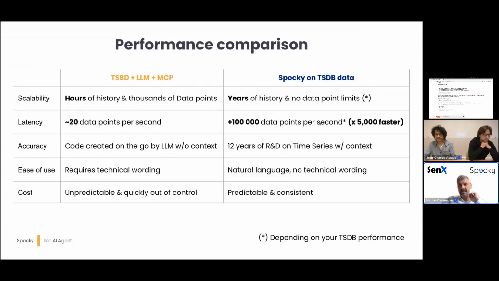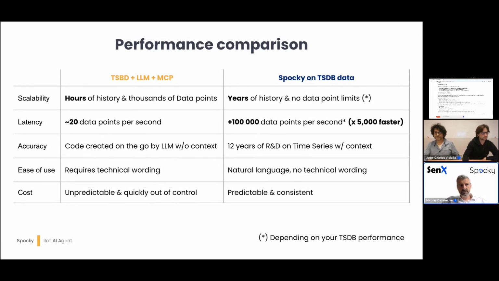In terms of accuracy, we saw that the LLM has to create code on the go, lacking context most of the time, while Spocky could really leverage much more context and the 12 years of R&D that we mentioned before. So I think it's a good illustration of how it shows.